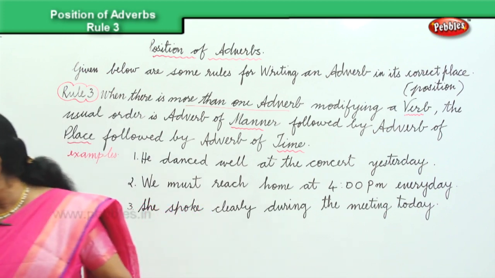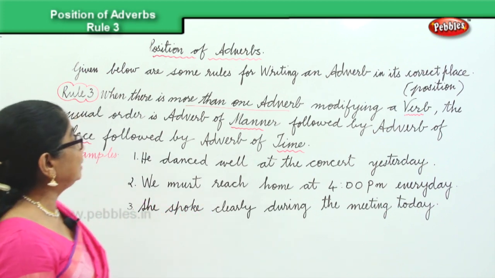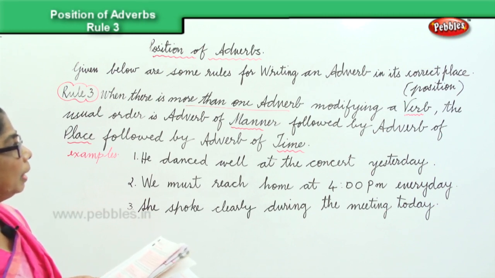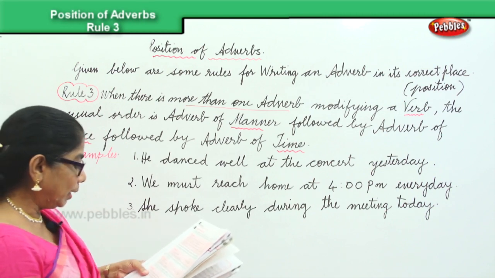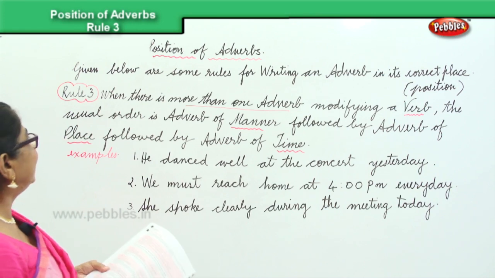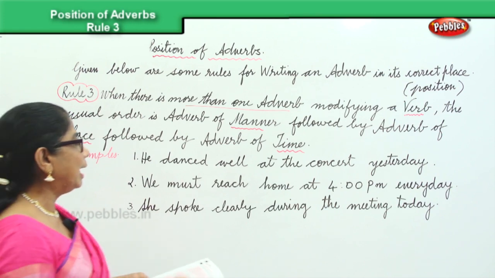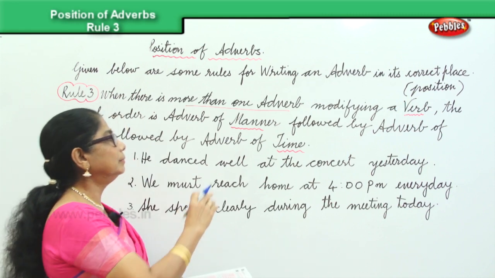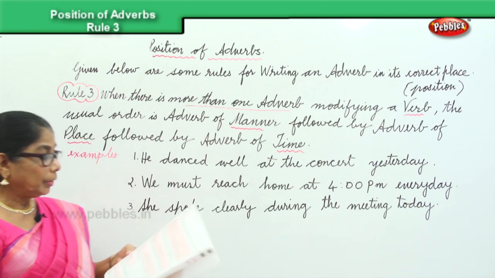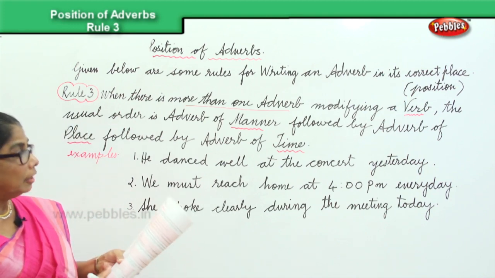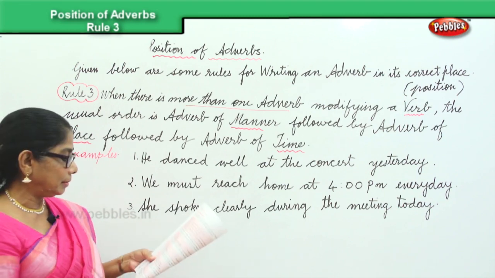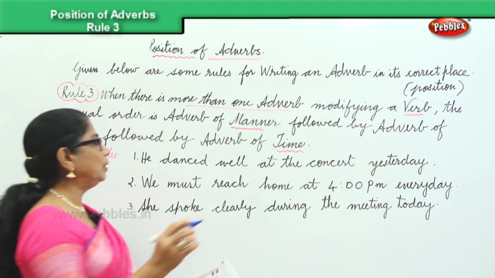Now, what are we looking at here? We said when there is more than one adverb modifying the verb, the usual order is adverb of manner followed by place and time. Here the verb is danced. He danced. How did he dance?